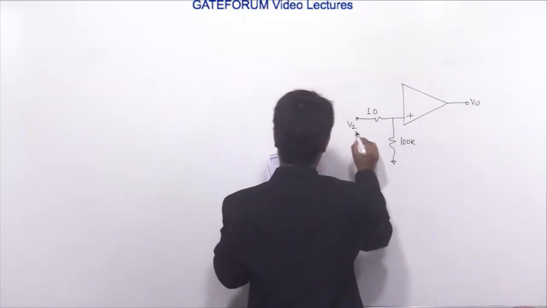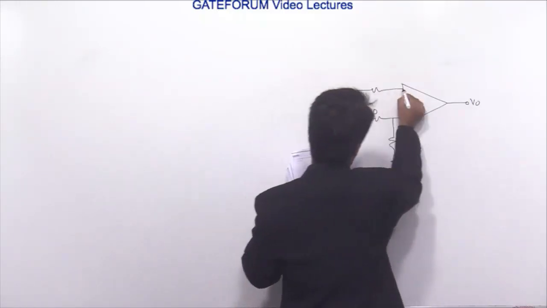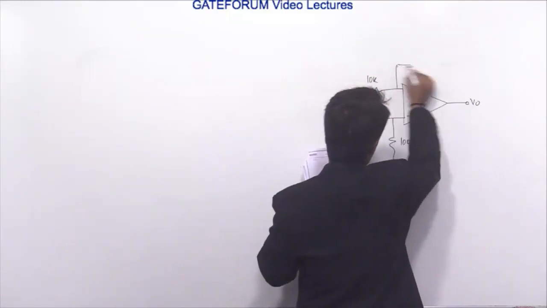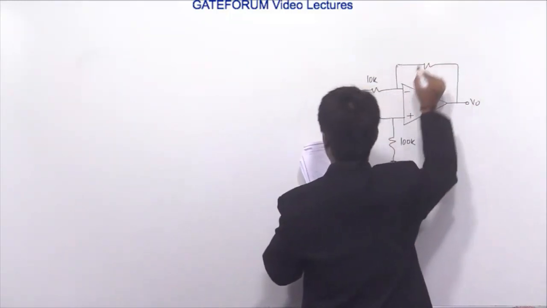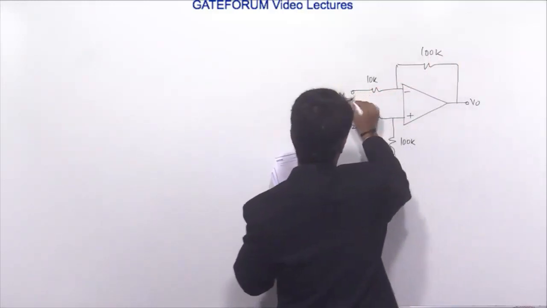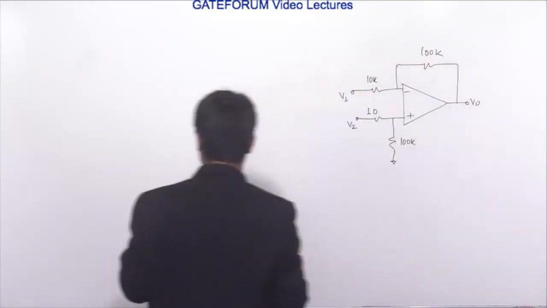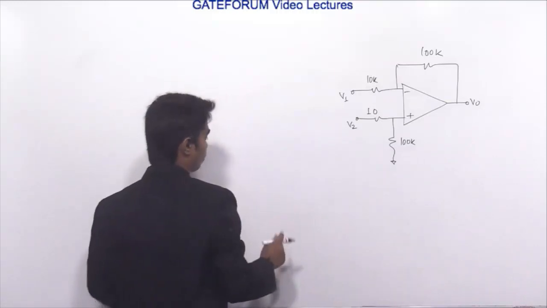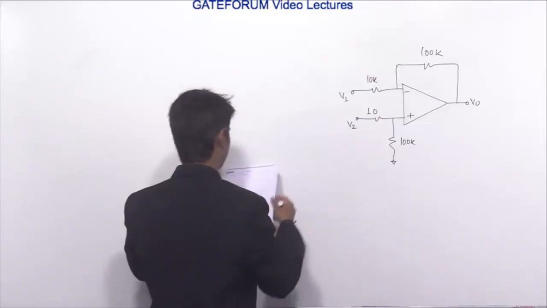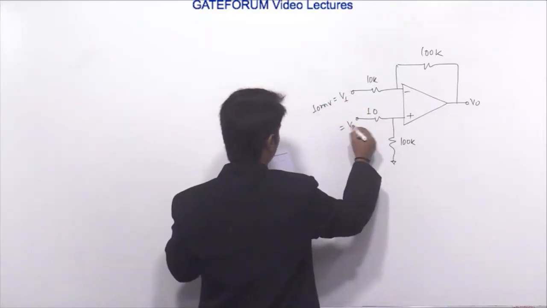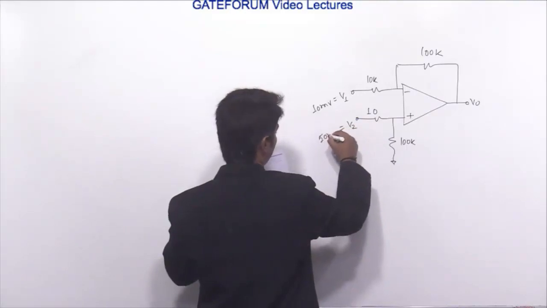This is V2, and here it's 10K. Here it is 100K, and here it is V1. We can directly solve this numerical. First of all, V1 is 10 millivolt and V2 is 50 millivolt.